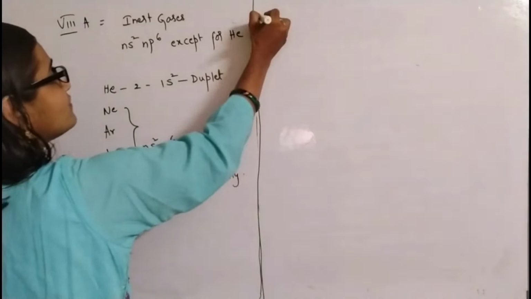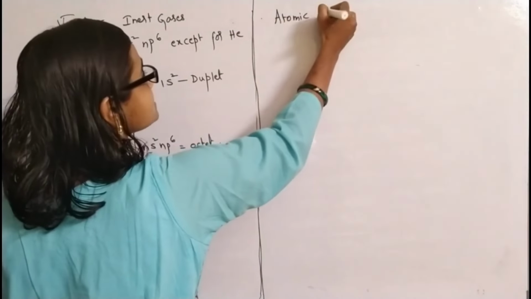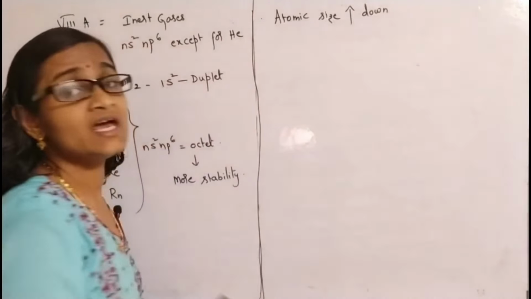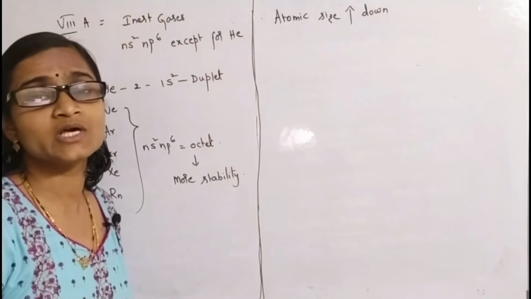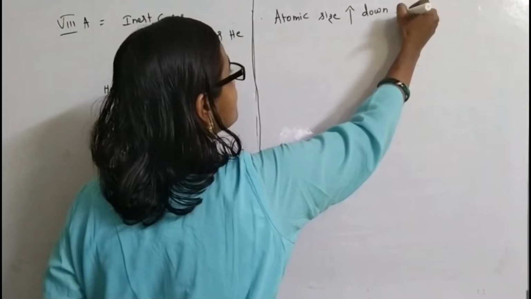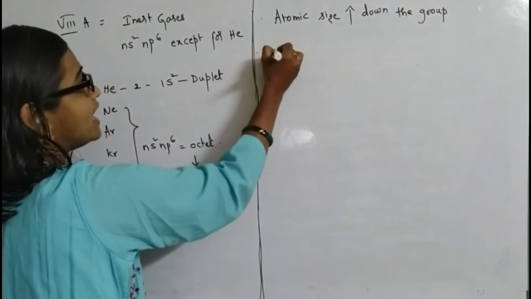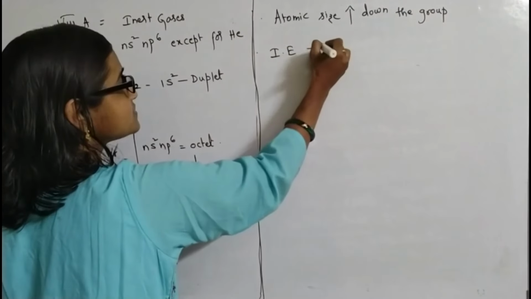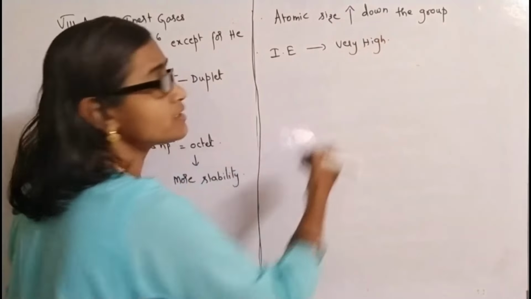If you go for the general properties like atomic size, it increases down the group. They have high ionization energies. It is very difficult to remove an electron from the valence shell of these inert gases. Very high ionization energies will be there, because they already have octet configuration.